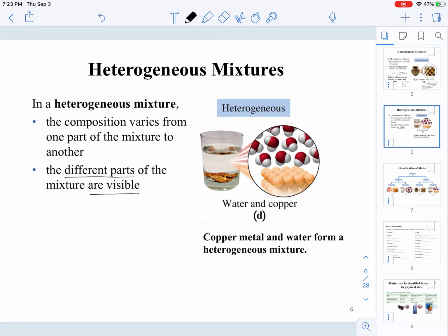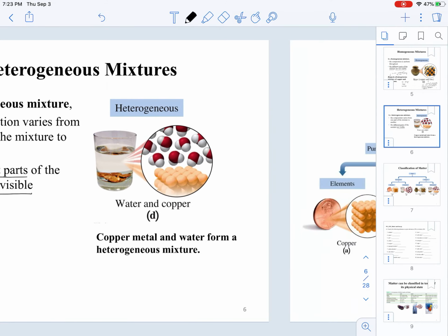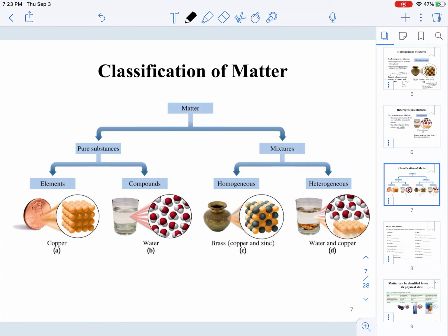That's what it means when it says that the different parts of the mixture are visible. In the example on the image on the right, this is a glass of water with pennies, and you can see the pennies at the bottom and the water at the top. As long as in a mixture you can see the different components, that makes the mixture heterogeneous.